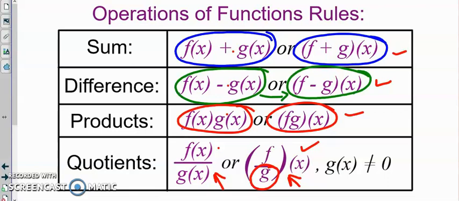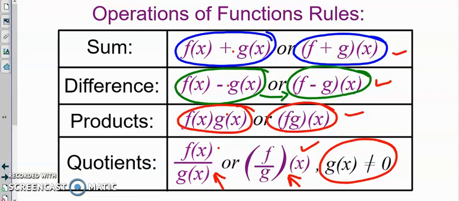We set the denominator equal to 0 and find out what the value of x is, so that we know x does not equal that number. So we find our division portion of it, and then we say x cannot equal that value, and we find it by doing this part right here. When we get to that part on the notes, we'll do it, and it'll hopefully make sense to you.